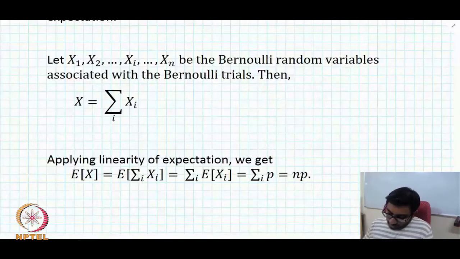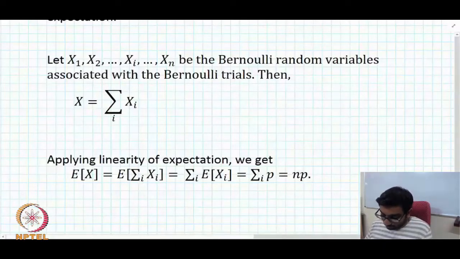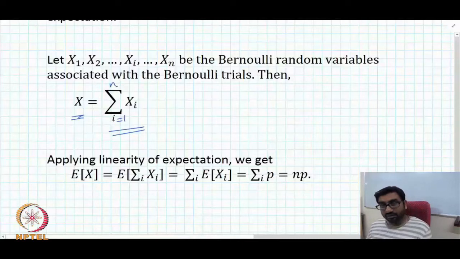So X1 will be a 1 if the first Bernoulli trial came out a success, otherwise it would be a 0, and so on. And so it's very easy to see that our binomial random variable X is simply the summation over all i ranging from 1 to n of Xi.